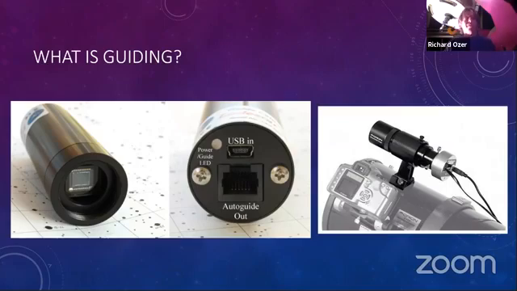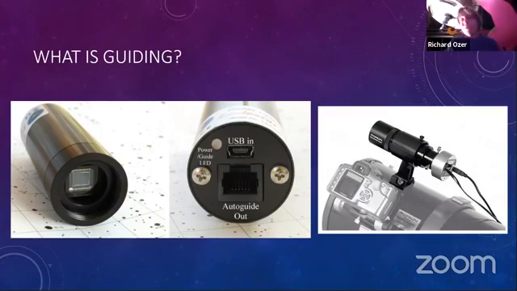So it's constantly taking a photo every second or two, saying, oh, I've got to nudge this a little bit south. Now I've got to nudge it a little bit east. Now I've got to nudge it a little bit south again. And it tries to keep the guide star centered, so whatever you're photographing does not get blurred and the stars around it do not become elongated.